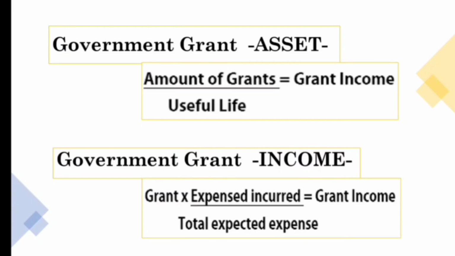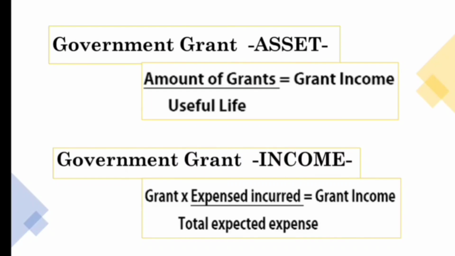So, ngayon, aalamin natin kung paano computein yung grant income kada period. So, kapag yung grant related sa asset, straight line method lang yung gagamitin natin dito. So, dito, yung makukompute natin grant income, equal lang siya kada period. So, yung amount ng grants na na-receive natin, divide lang natin yun sa useful life.